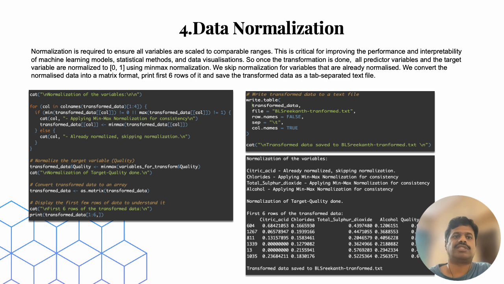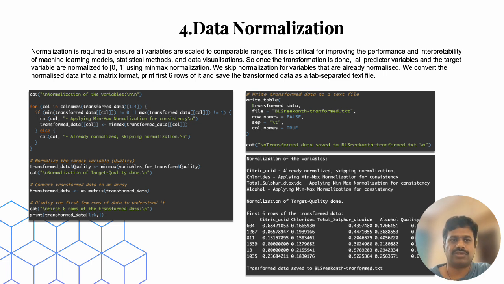Once the transformation is done, we have to apply normalization. For normalization, we again check if the variables are already normalized. If not, then we do min max normalization for the predictor variables. Once the predictor variables are normalized, we apply normalization for the target variable also, and then convert the data into a matrix and display the first 6 rows.